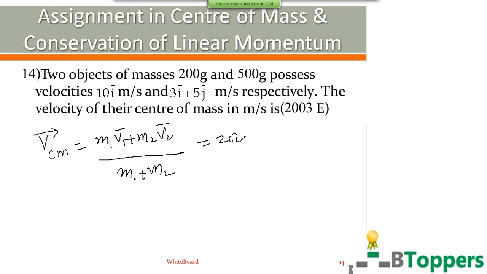Here m1 equals 200 grams, v1 bar is 10 i bar, m2 equals 500 grams, v2 bar equals 3 i bar plus 5 j bar.